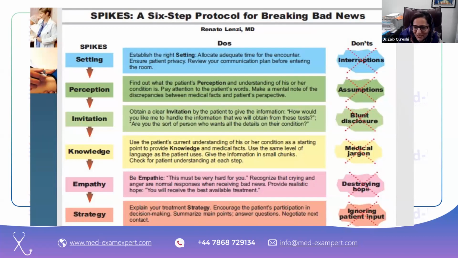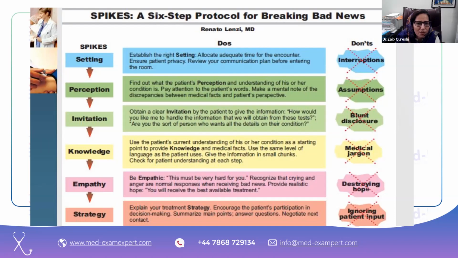Remember, part 3 is not about assumption. Because I do teach as well, some of my students sometimes say, I assumed that the patient already knew. No, there is no assumption. There is no role of assumption at all. Always try to extract the knowledge and then give the knowledge accordingly.